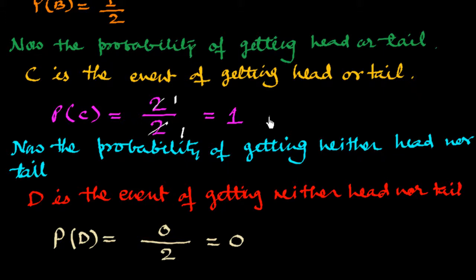The 1 is the probability of a sure event. This sort of event is called a sure event. It should happen 100%, and if the probability of an event is 0, then it is called an impossible event.